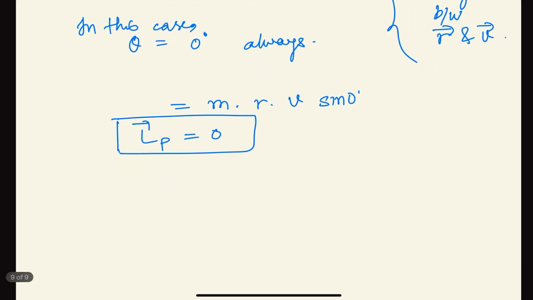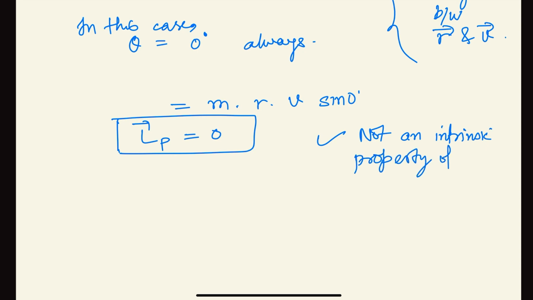So we see that angular momentum is not an intrinsic property of the system. Linear momentum is an intrinsic property of the system, but angular momentum is not.